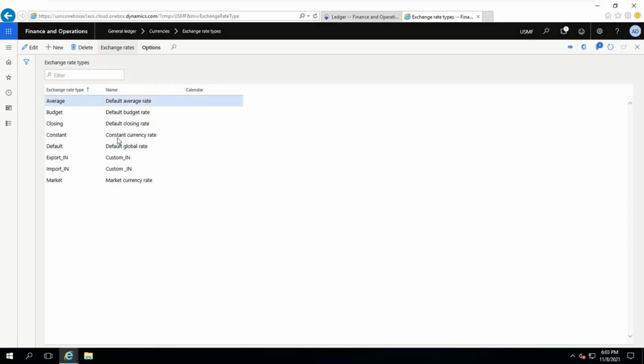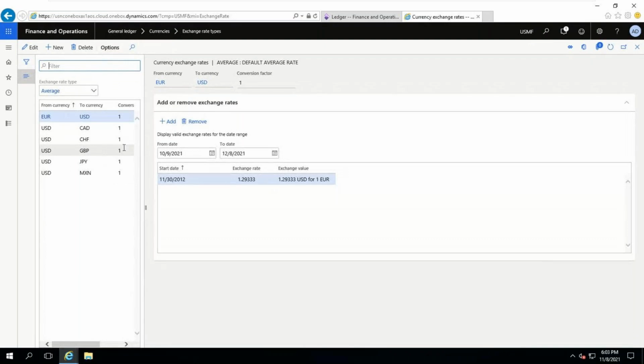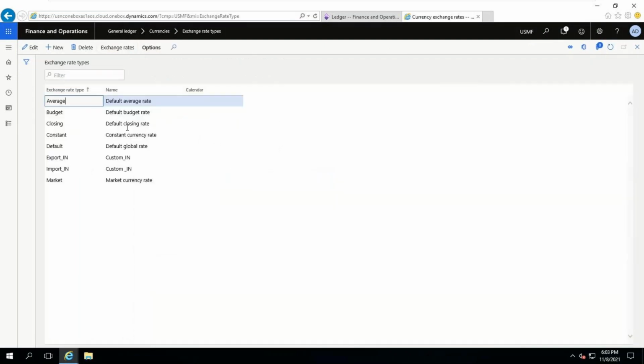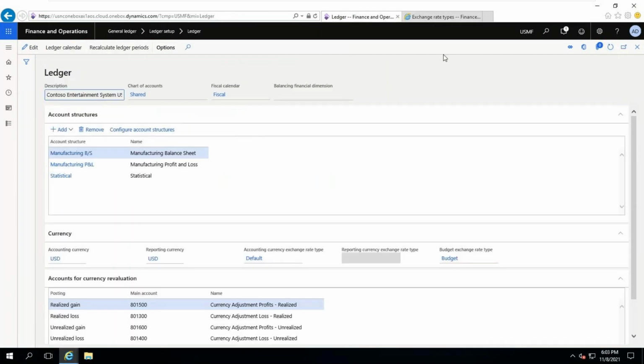Which exchange rate is applicable depends on what you have configured in the ledger form. Structures also I told you, we can create a number of structures and configure a few in this company. In the same manner, the exchange rate type will also be configured.